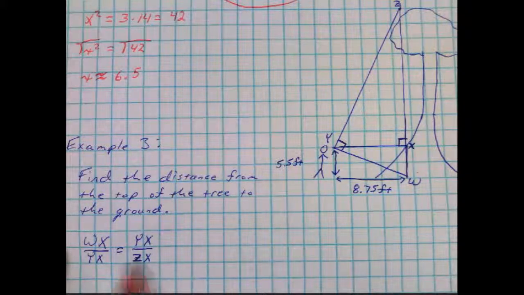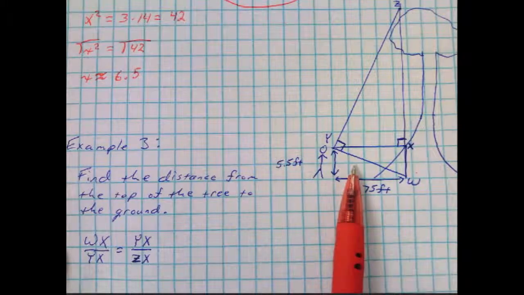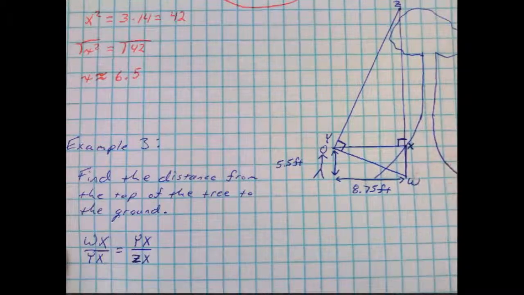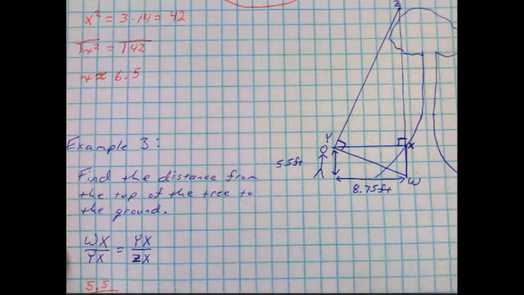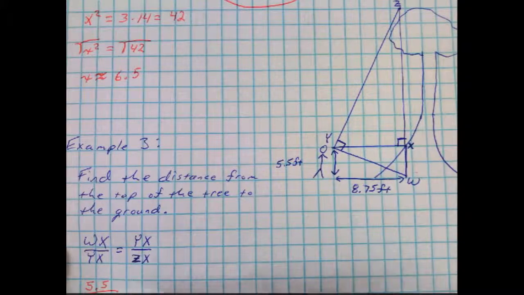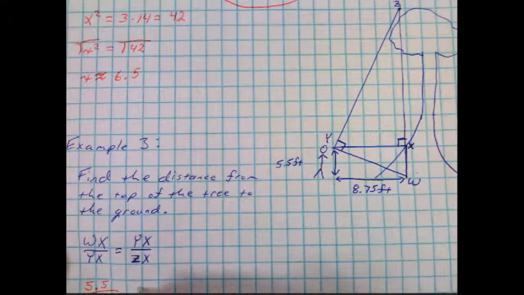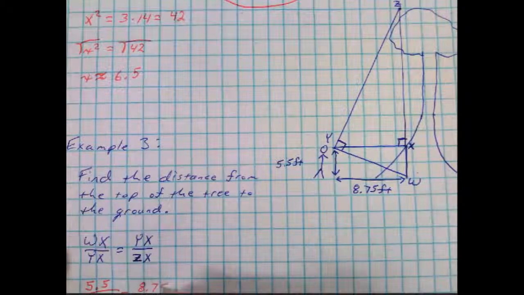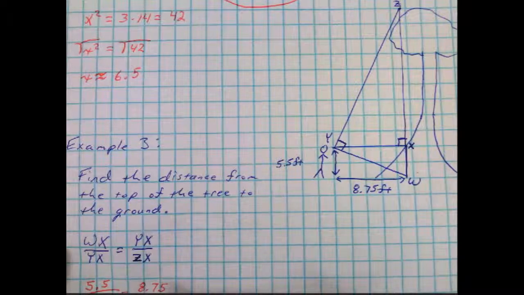Now I know that my WX is 5.5, so I'm going to plug that in, 5.5 over XY. XY is this distance here, that's my 8.75. So 8.75 equals 8.75 again over my XZ, which I don't know, so I'm going to leave that one in there. So ZX.